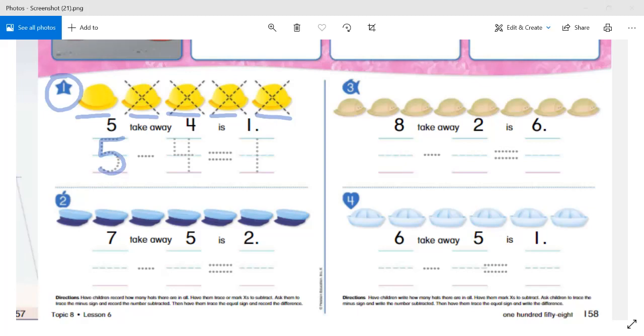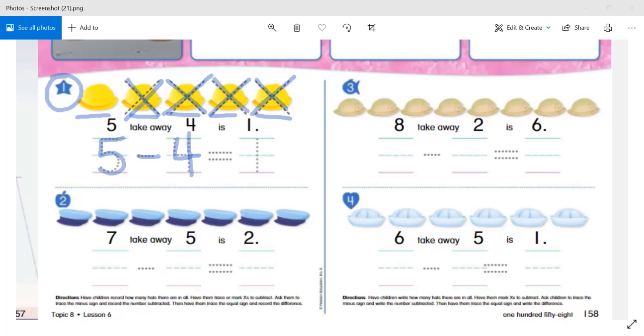Now I want you to trace that minus sign. That means take away. So let's see how many we're going to take away. They have X's on them. So let's trace the X's. There's 1, 2, 3, 4. So we're taking away 4 hats.